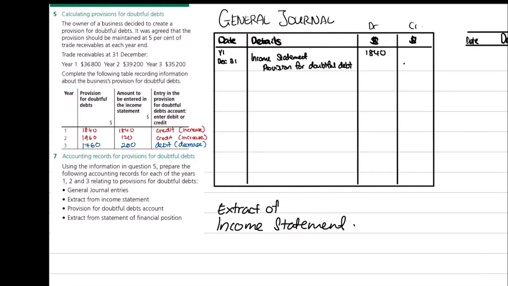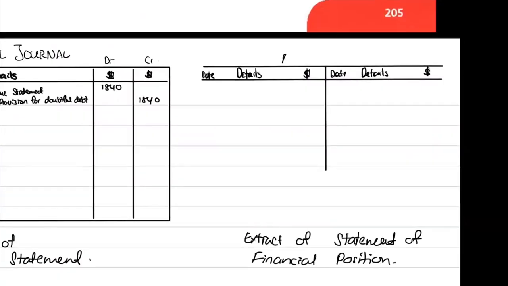$1,840. So you just need to go through our provision for doubtful debt account and do the same. 1,840 to income statement. Year 1, December 31st.